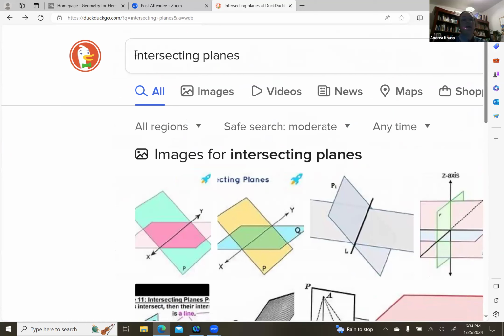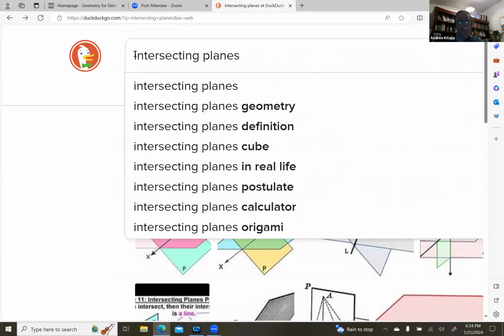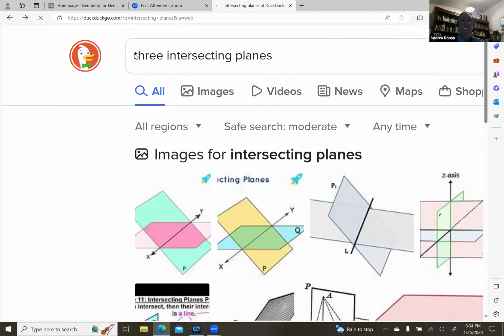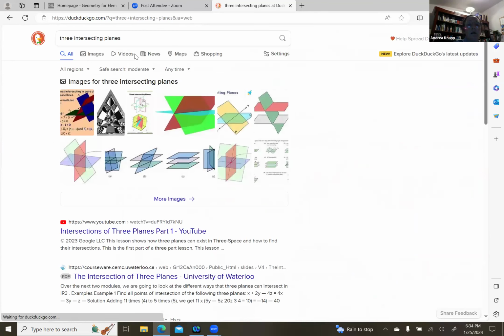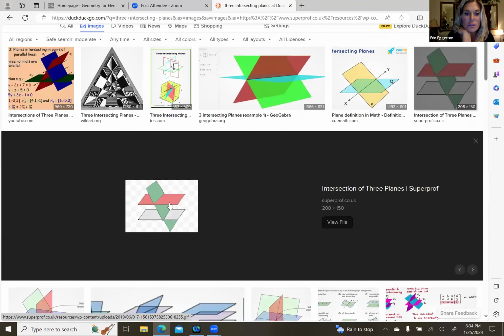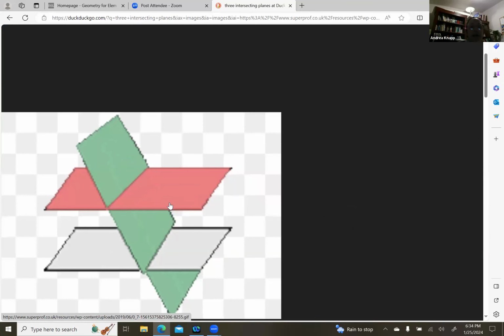Okay, see this picture? There's 3 planes intersecting.